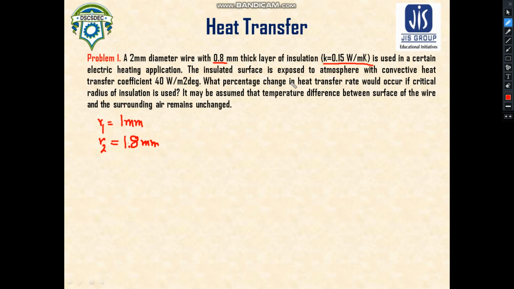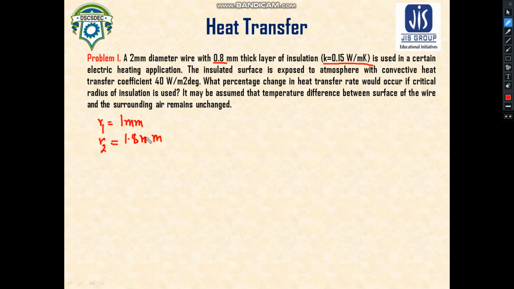That means the outer radius would be the sum of inner radius plus thickness of insulation, right? So I have made a mistake here. It would be 1.8. Okay, no, it was correct, I'm sorry. 1.8 millimeter.